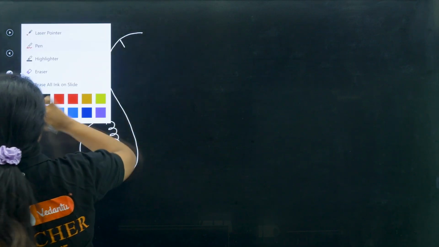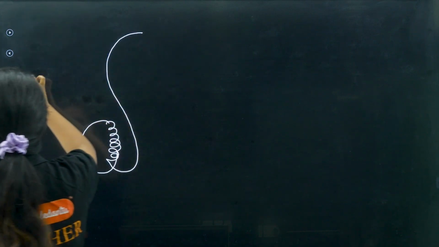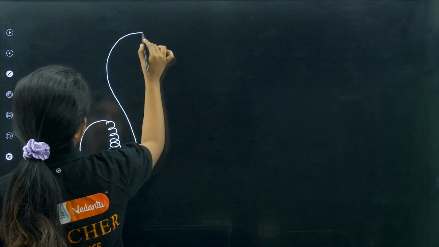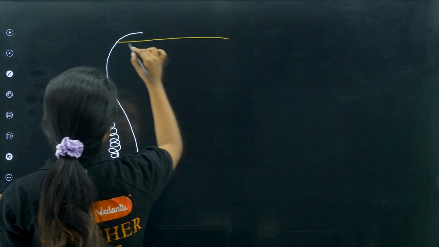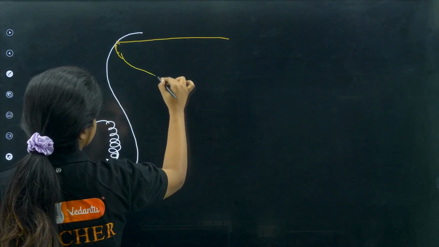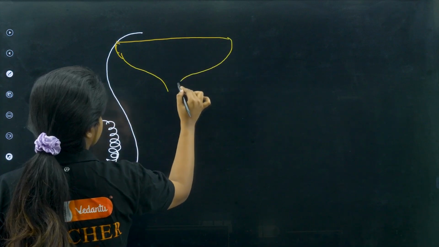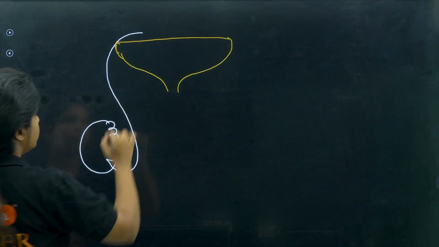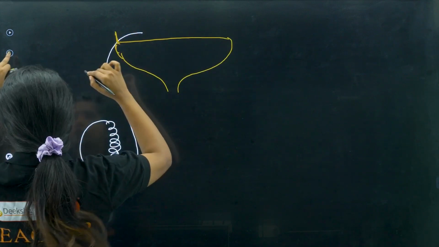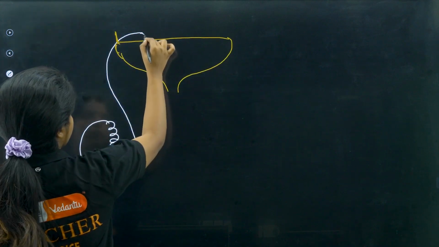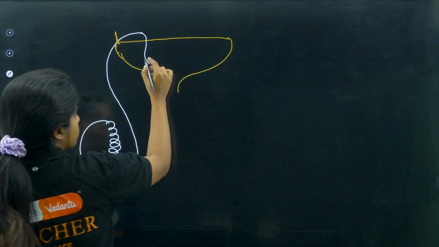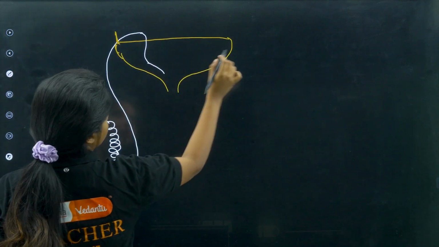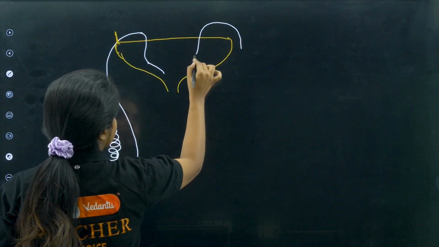Oh, wait, just give me a second. The urinary bladder will be somewhere up over here. And this duct, like a shawl we put, goes from the back and comes in the front. From here also you will get the same.